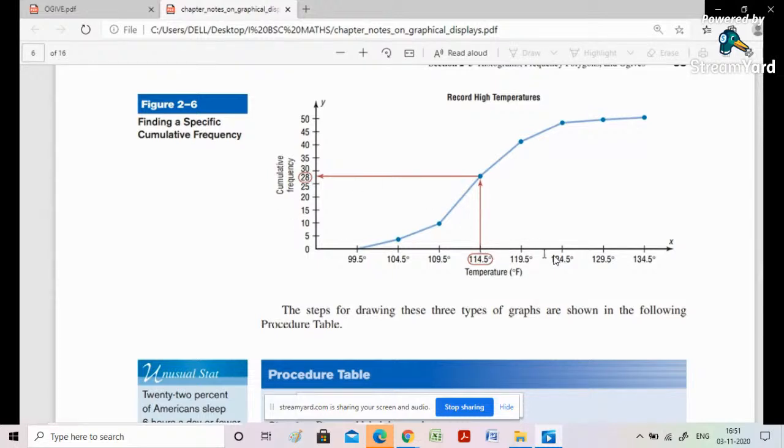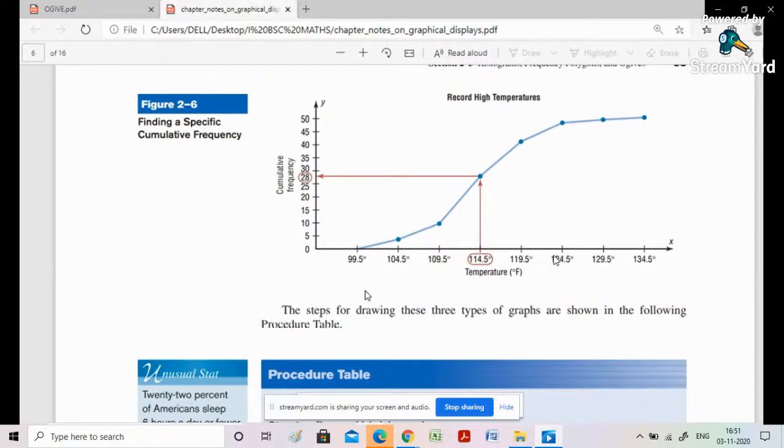If we ask what is the frequency of data less than or equal to 124.5, we can easily go to this line and observe the y value here. That will be 48. That type of information can be inferred by using this type of cumulative curve.